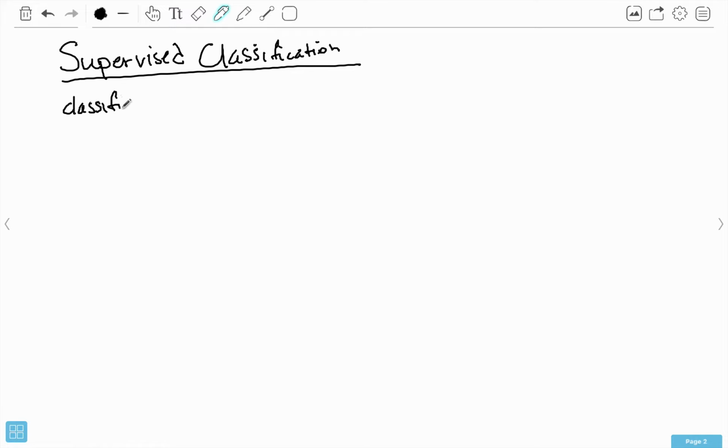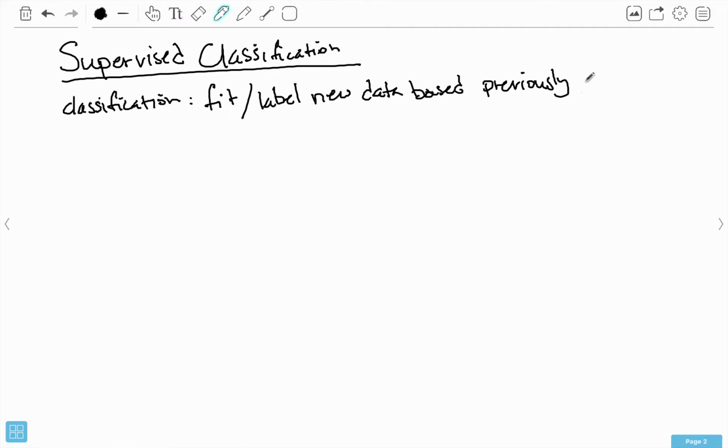Classification is the problem of trying to fit, or I should be more specific, label new data based on previously seen data.